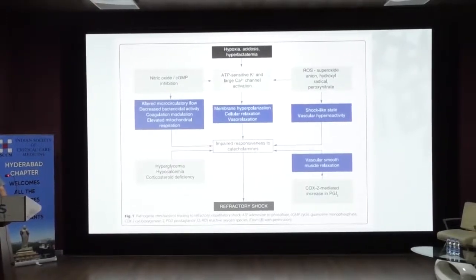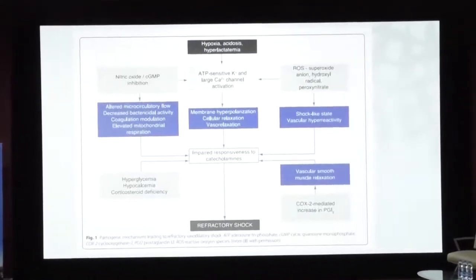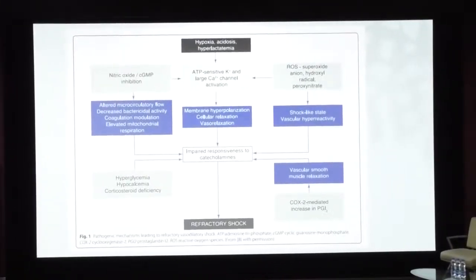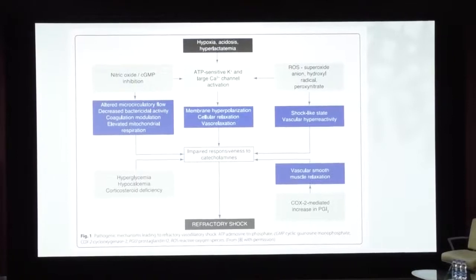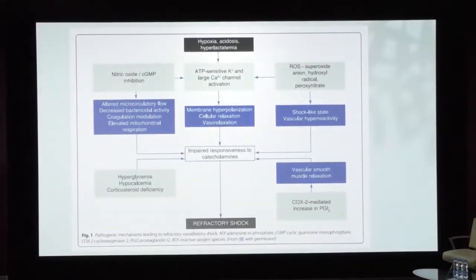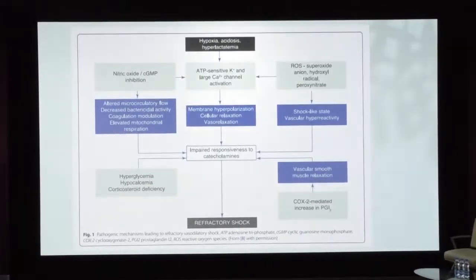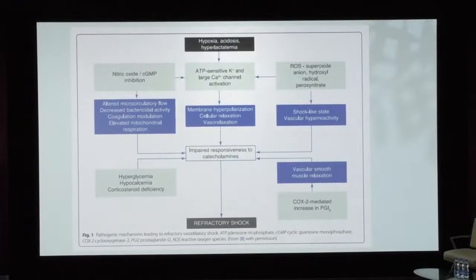You can see impaired responsiveness to the catecholamines, whether through ATP-sensitive potassium and large calcium channel activation on the vascular smooth muscle, or excessive nitric oxide release or cGMP inhibition, or superoxide radicals.